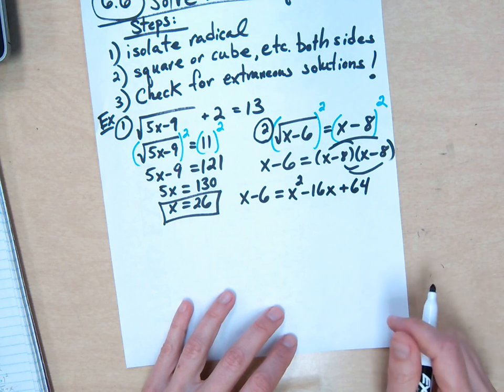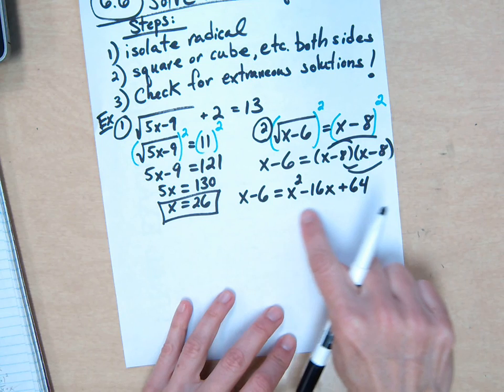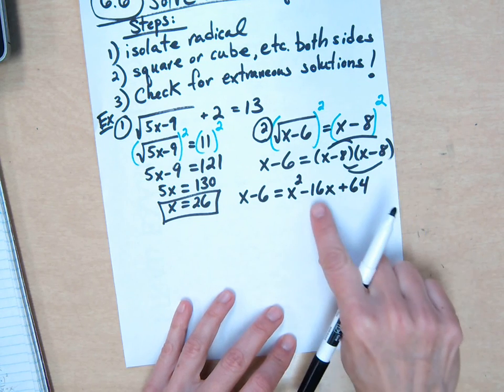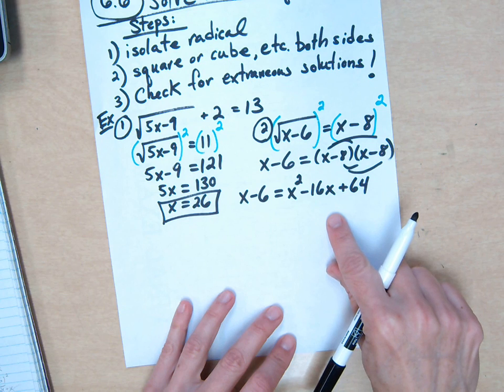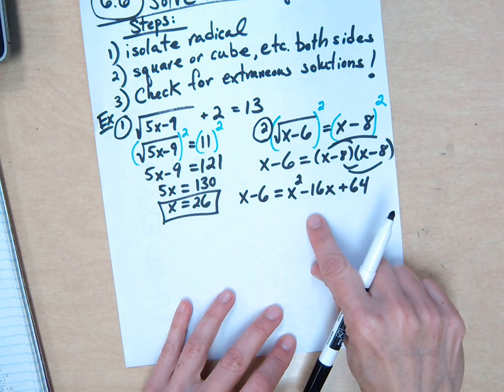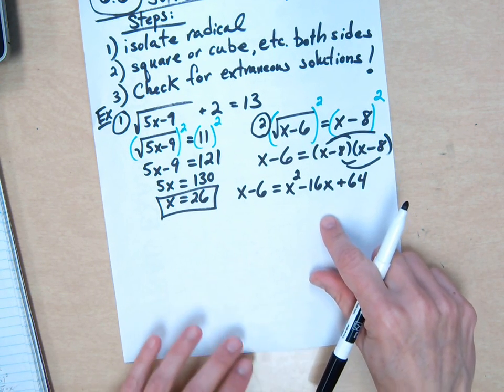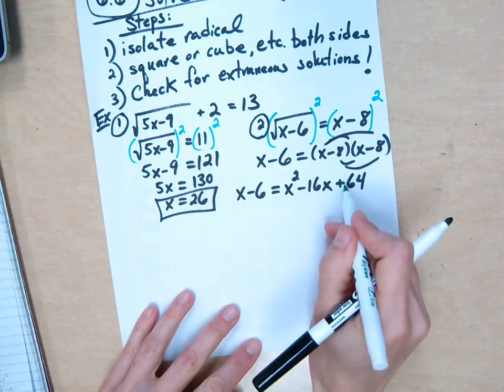So what kind of equation are we looking at here? Quadratic, right? The degree is 2, so we're going to get two answers. What we have to do is combine like terms and get everything on the same side, get it equal to 0, factor, and solve. So let's get everything on this side.